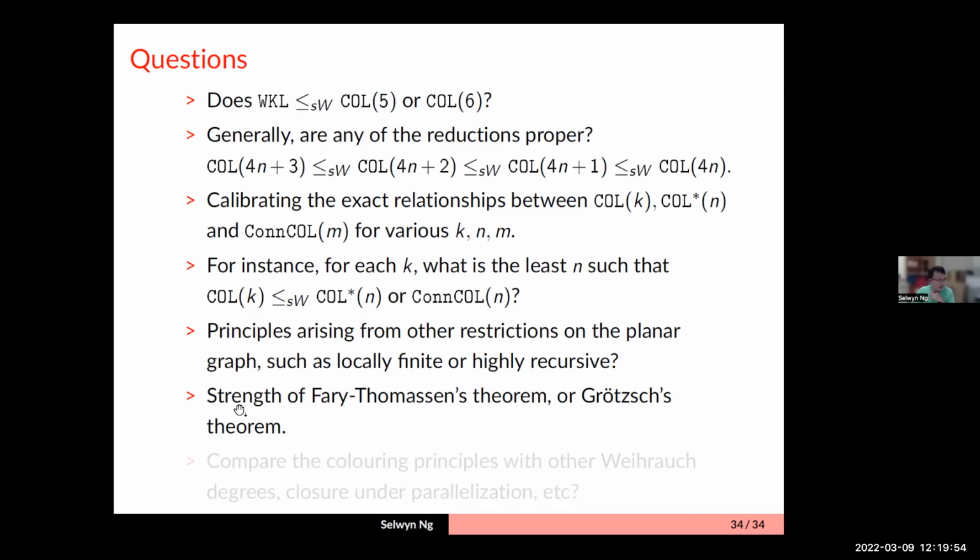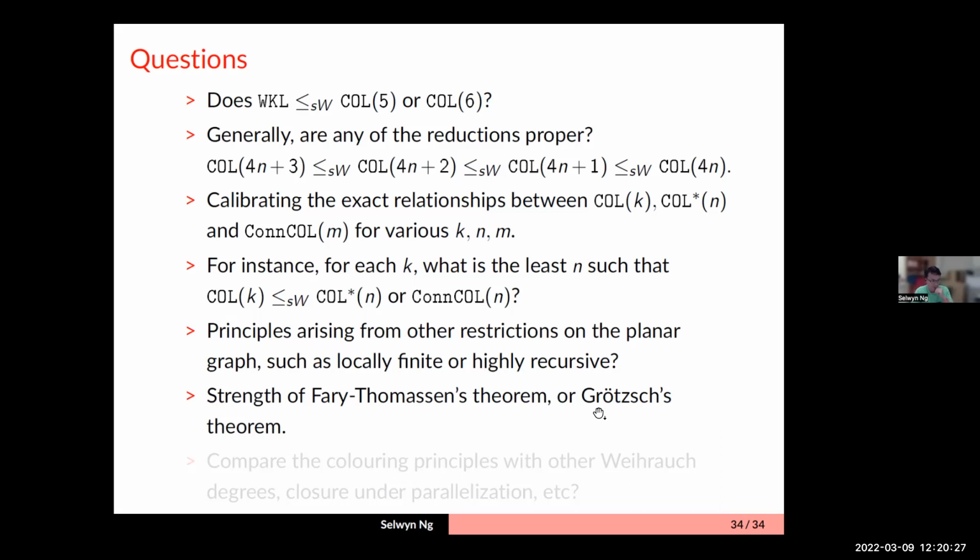One should also look at the strength of Fáry's theorem, which is the theorem that says every infinite planar graph has an embedding with straight edges. I do not know if this can be done in, for example, Weak König's lemma. Or Grötzsch's theorem, which says that every planar graph that is triangle-free can be colored with 3 colors. That would also be something interesting to look at.